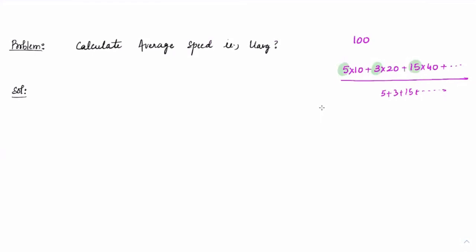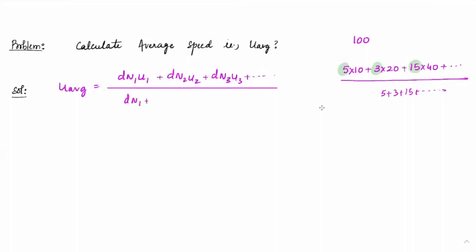So I'm writing the same thing for u average here. U average is equal to dn1 into u1, that is, the small number of particles having the speed of u1, plus dn2 u2 plus dn3 u3 and so on, divided by dn1 plus dn2 plus dn3 plus and so on.